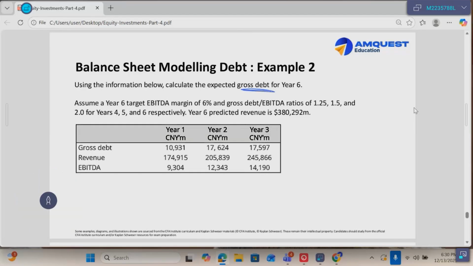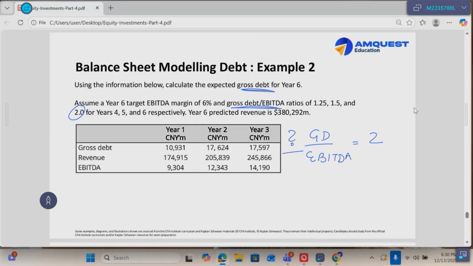So gross debt is calculated using this ratio, gross debt by EBITDA. For year 6, the ratio is going to be 2. So they are saying gross debt divided by EBITDA for year 6 is going to be 2. This is a question mark. If we calculate EBITDA, we will multiply it by 2 and we will get the answer.